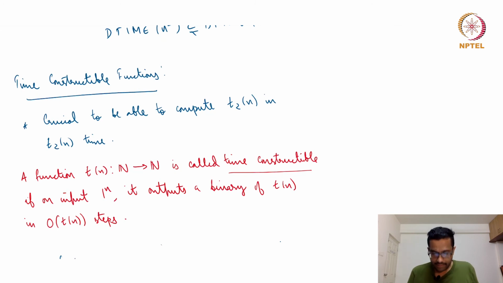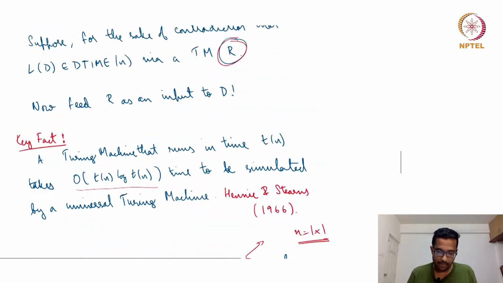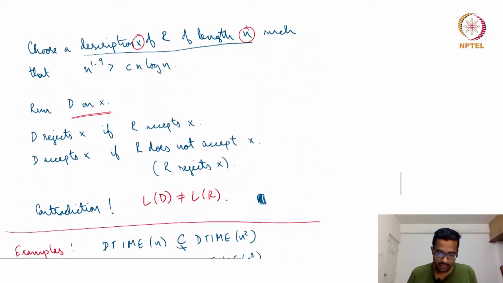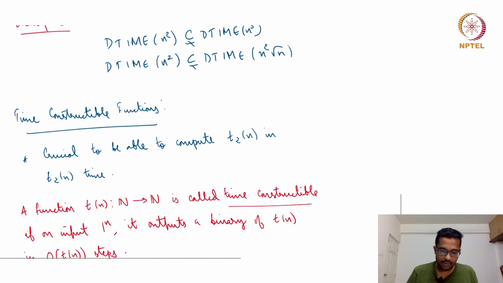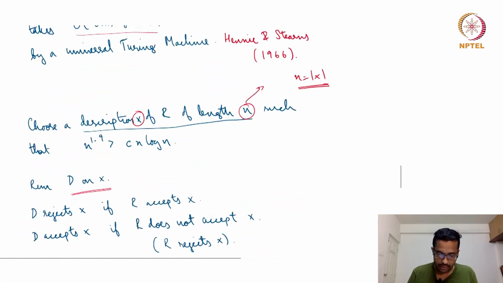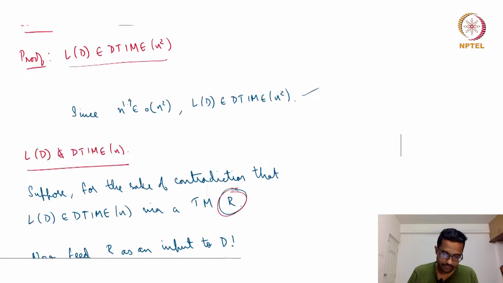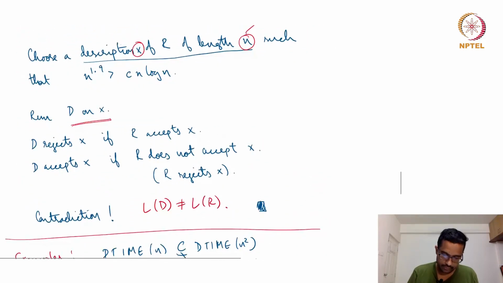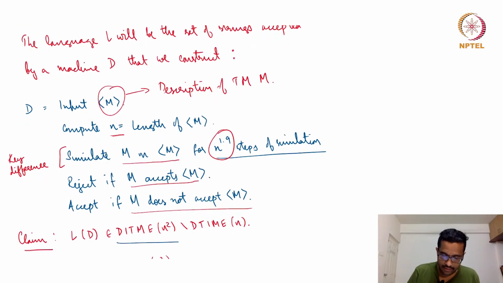Now finally I will just conclude by saying what time constructible functions are. The key point here is we should be able to compute t2(n) in t2(n) time. So here D simulates M on n to the power 1.9 steps, right?